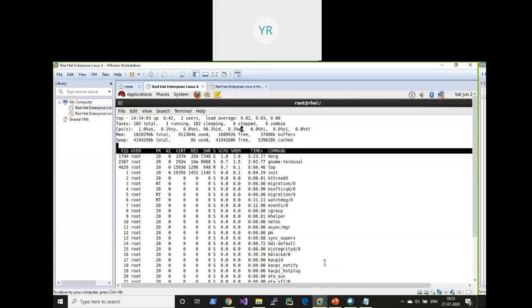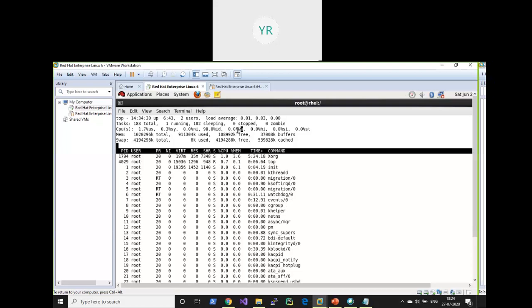So if the percentage of WA is more, what does it say? That reading and writing operations are very much slower. So in real time, if you get a high value of WA, then you must observe the things. The probable causes may be that the process is slow.